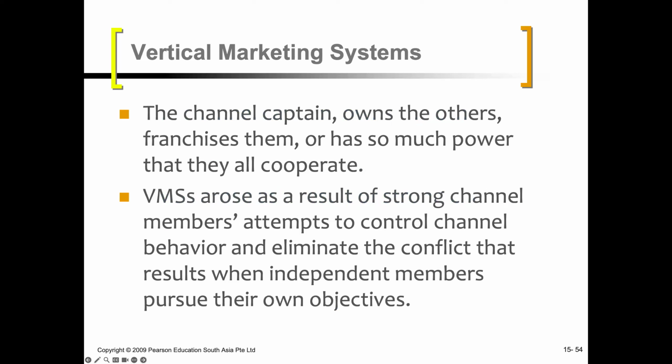The vertical marketing system arose as a result of strong channel members' attempts to control channel behavior and eliminate the conflict that results when independent members pursue their own objectives.